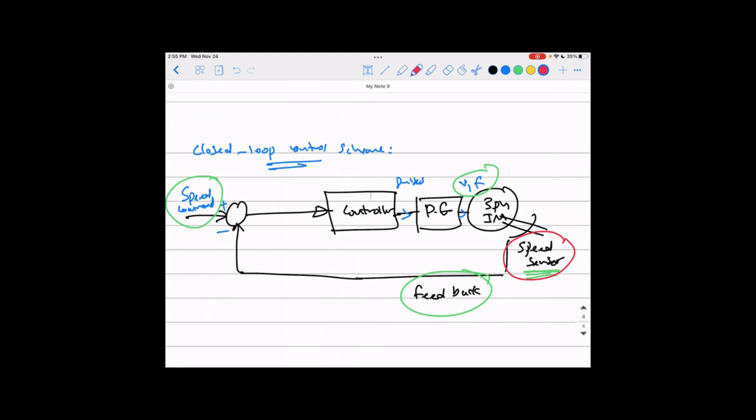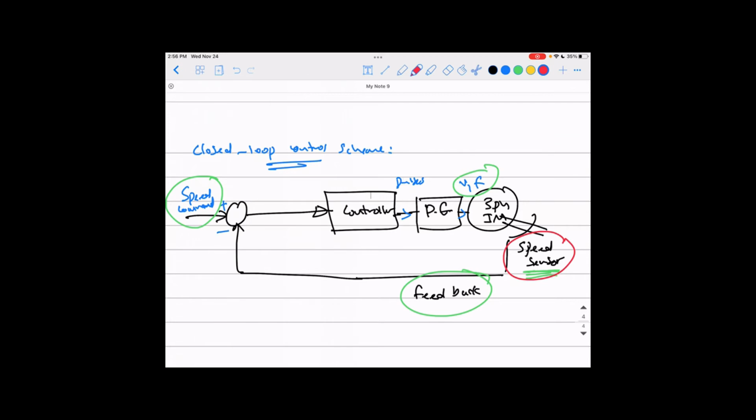We want this pattern all the time, irrespective of how many passengers are inside the elevator. If you just leave it like that, if there is one passenger and it's a light load, your elevator will be much faster, and we don't like that. And if there are 10 passengers inside, that's a heavy load, and your elevator will be slower, and we don't like that.